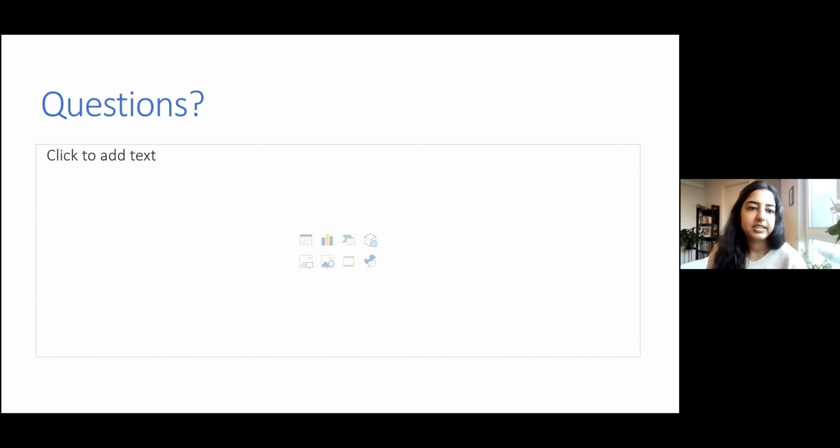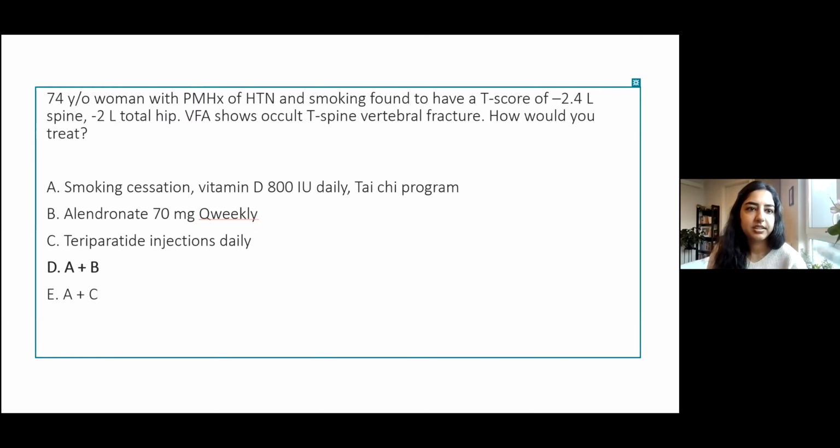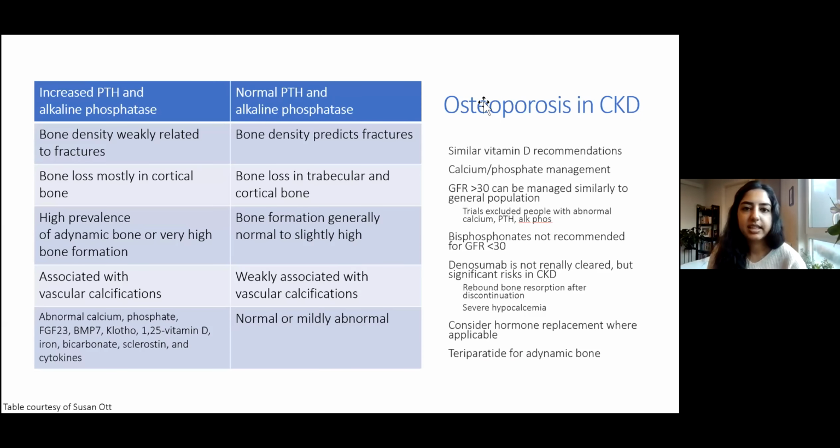Adynamic bone disease is complicated. I really like this table that Susan Ott shared with me that shows the difference of mechanisms of CKD mineral bone disease versus run-of-the-mill osteoporosis. A lot of it comes back to dysregulation of PTH, calcium, and phosphorus. So in adynamic bone, bone density actually isn't really predictive of fractures.